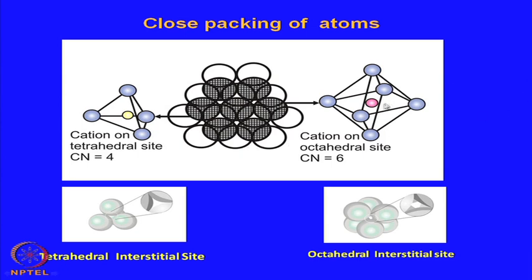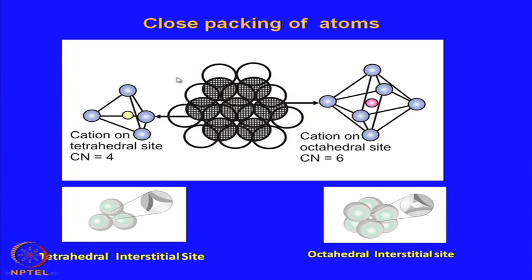In this case, we have two layers of atoms. One is the white layer, which is closely packed, in fact closest packed, brought together as close as possible without any further compression.